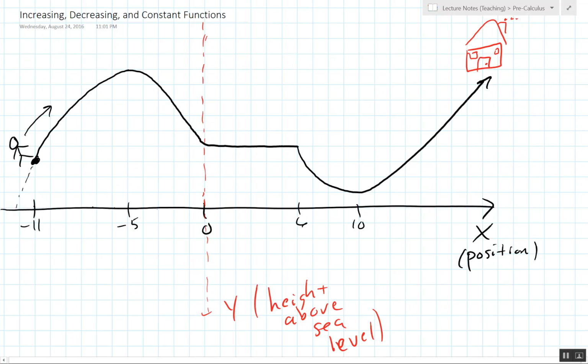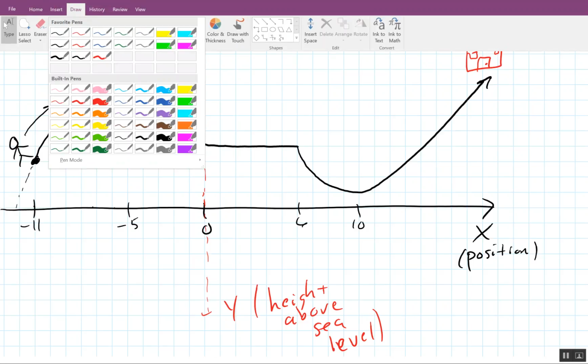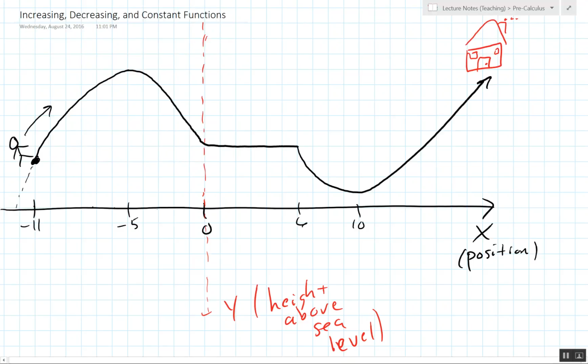So the first thing to notice is as this person changes, let's draw this in green, from -11 to -5 in position, so we're on this interval, what happens?